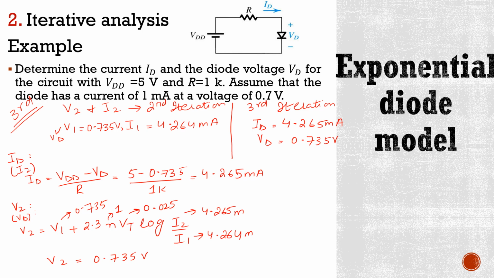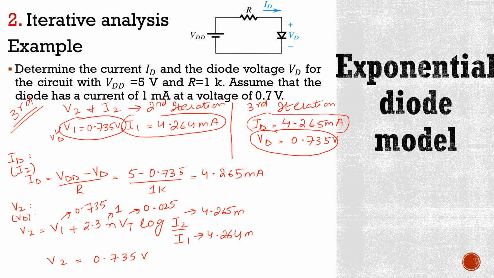Now note that the values of ID and VD that you have obtained in this third iteration are almost similar to the values obtained in the second iteration. As you can see, this VD is exactly the same as the value of VD you obtained in the second iteration. Similarly, the value of ID here in the third iteration is 4.265, whereas the value of current obtained in the second iteration is 4.264. It means they are almost similar.